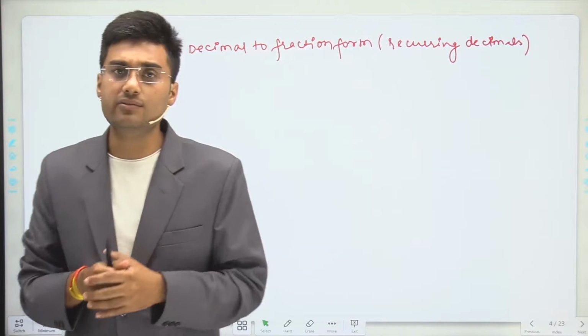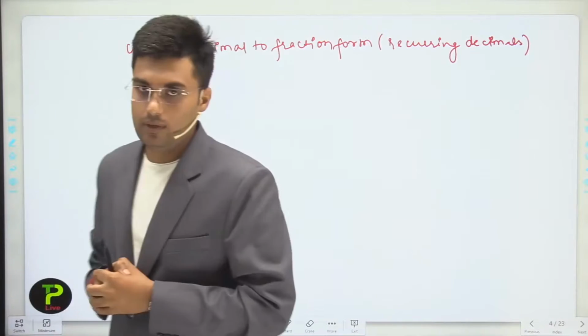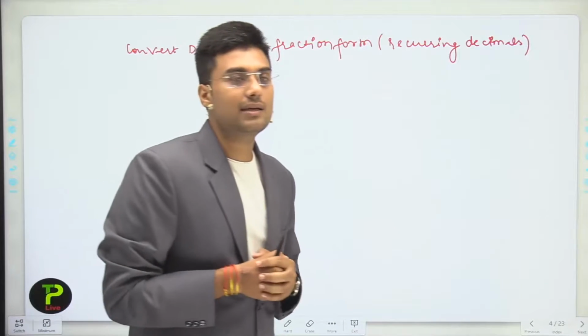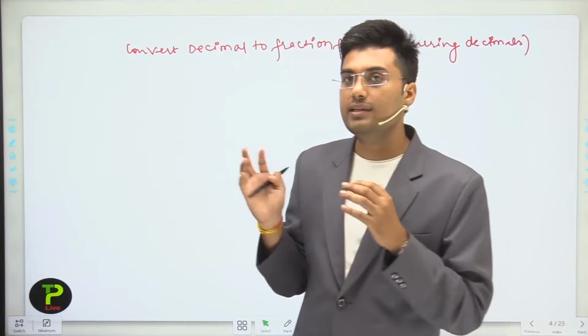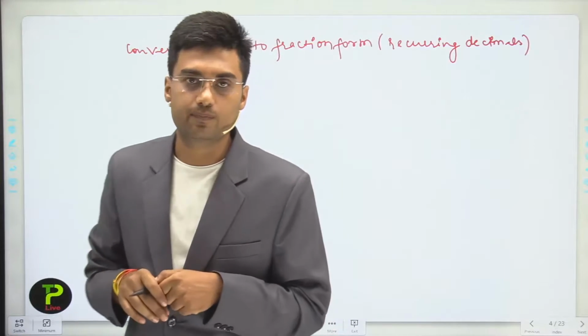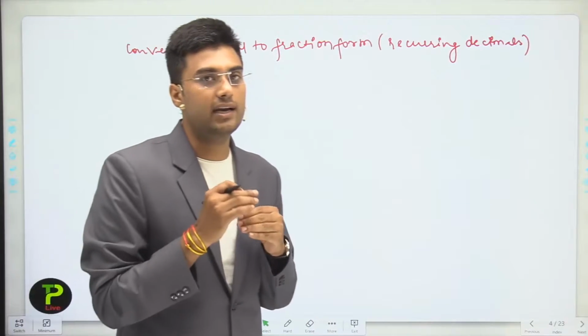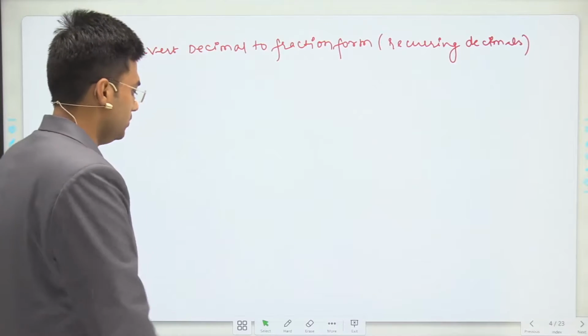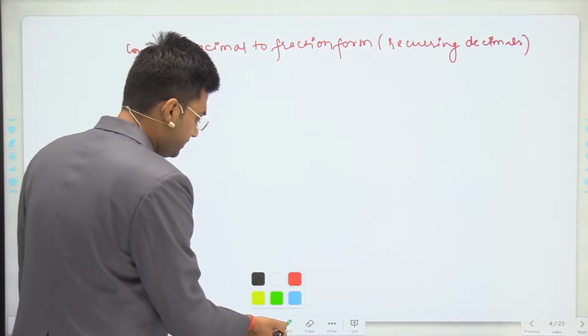In this class, we study only the objective method because this is not in the class 10 syllabus. We study this for the NTSC exam. So we study here only the direct method. Okay. So what is this direct method?